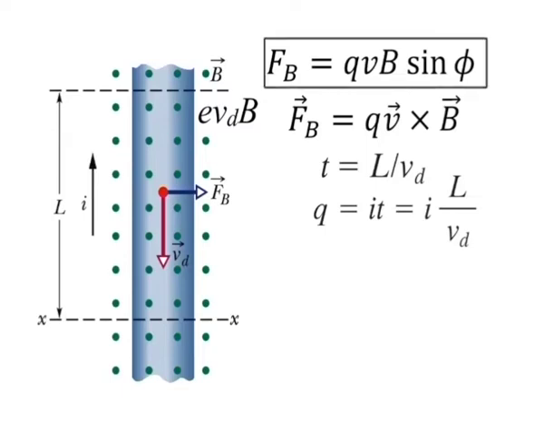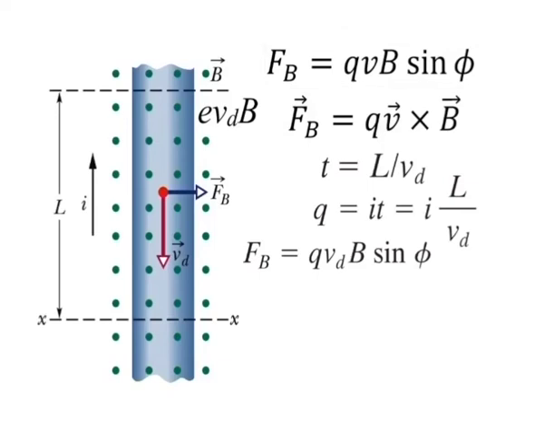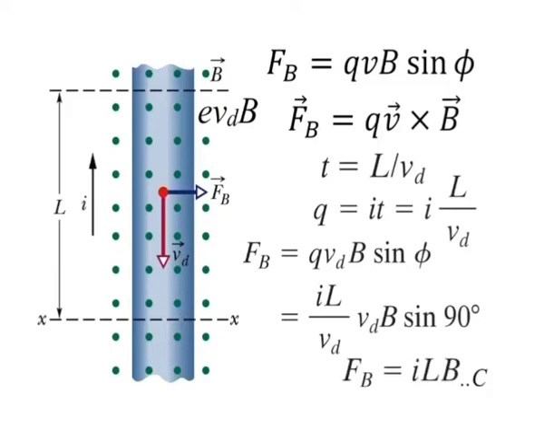Substituting this into equation A yields F_B = q vd B sin φ, which is equal to (iL/vd) vd B sin 90 degrees. So F_B = iLB.